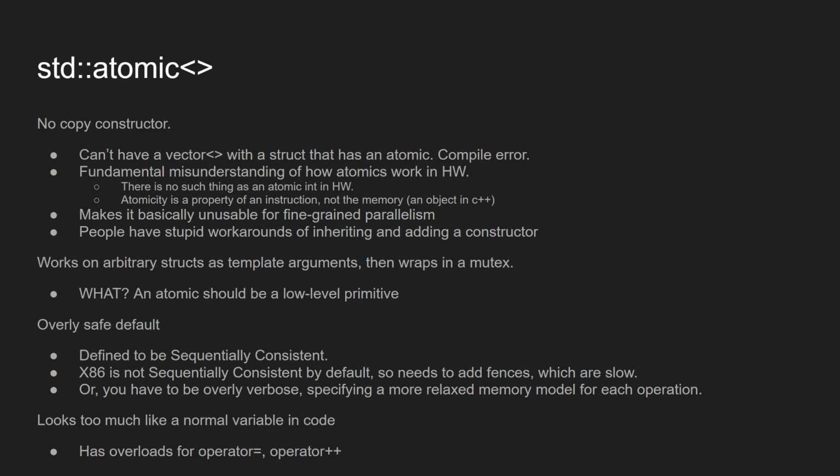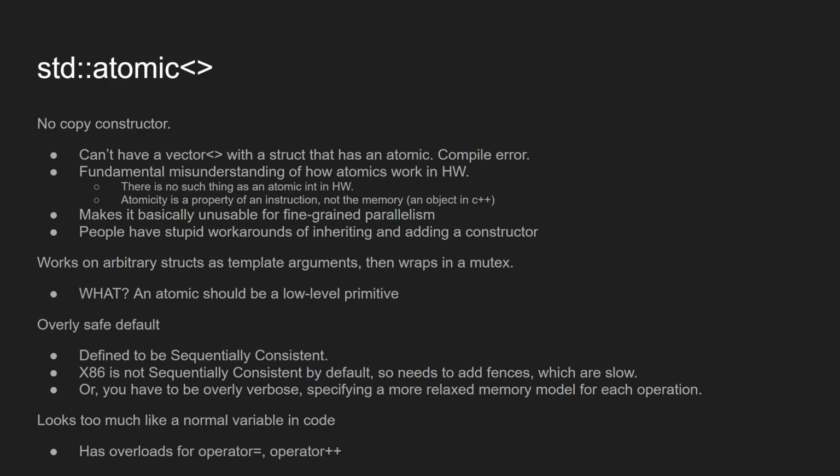However, the standard library thinks of the memory itself as being the atomic object, and so places various restrictions that aren't necessary and make it actually really difficult to use in some situations. The biggest problem is that the standard atomic has the copy constructor explicitly disabled. So you are not able to copy an atomic integer, for example.